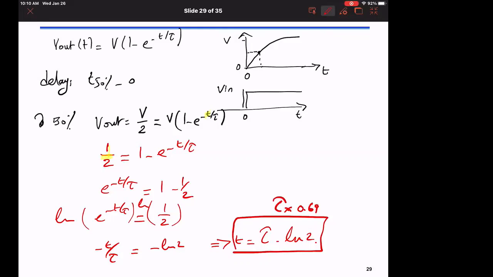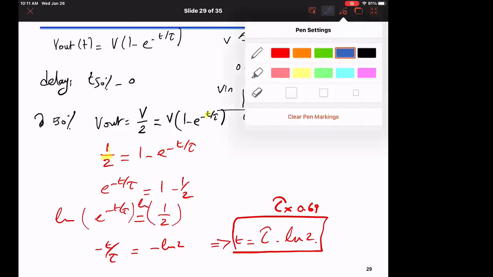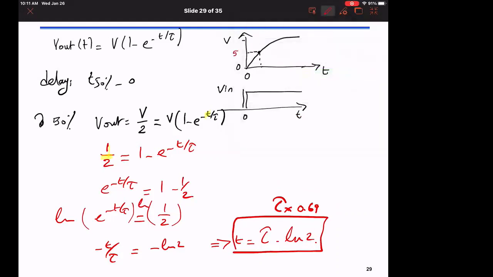If we now want to solve for the rise time, we have to repeat this for two quantities. We already solved for the 50%. Now we will solve for the time to reach the 10% and the time to reach the 90%.